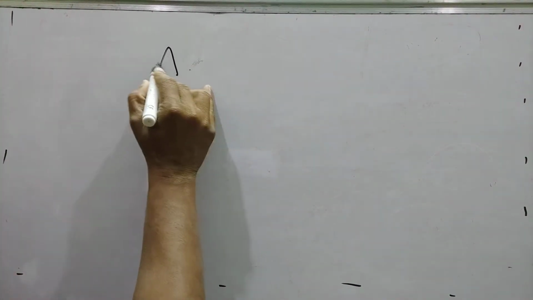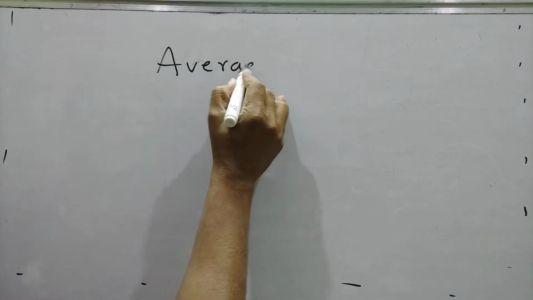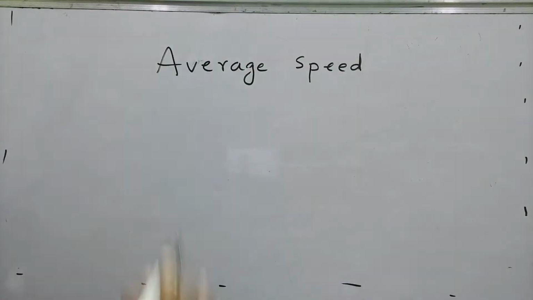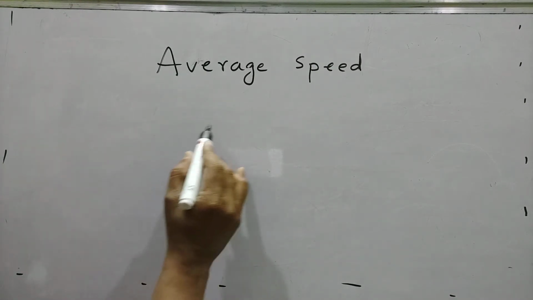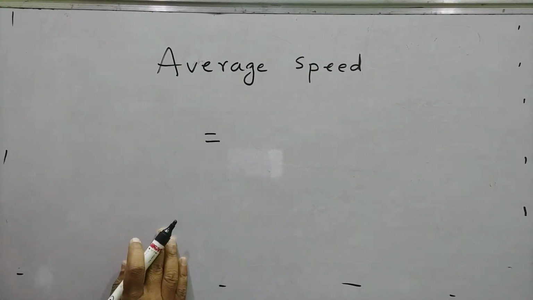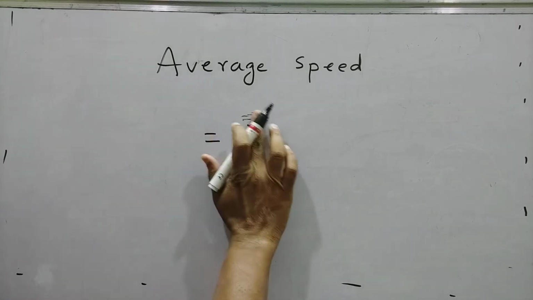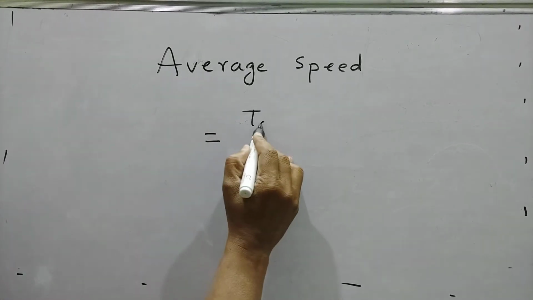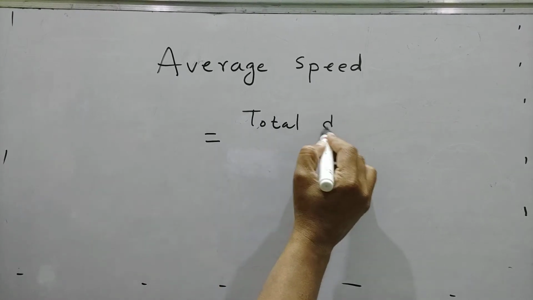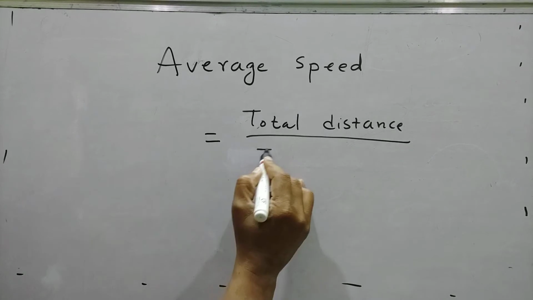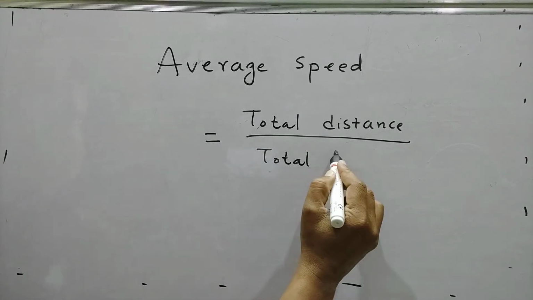So here, average speed. The general formula is total distance by total time.